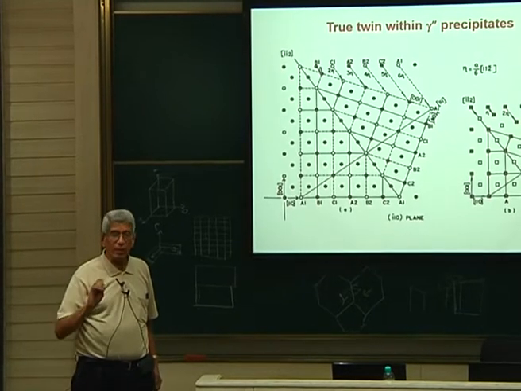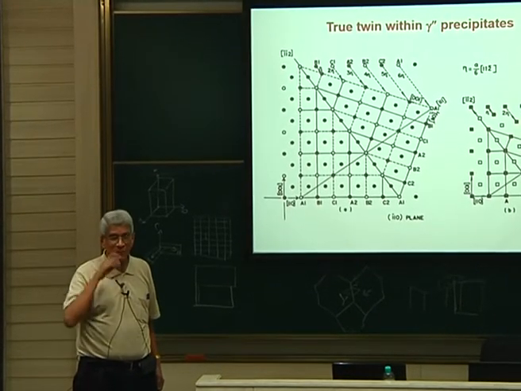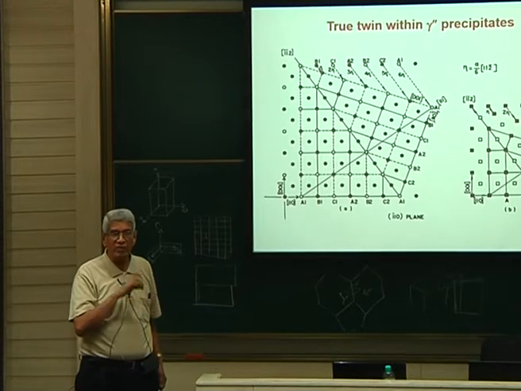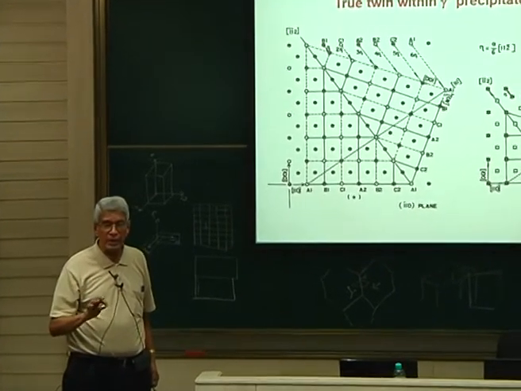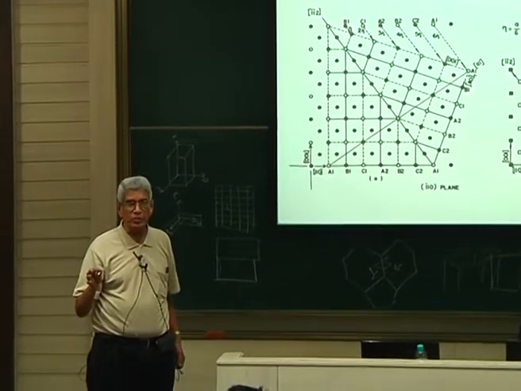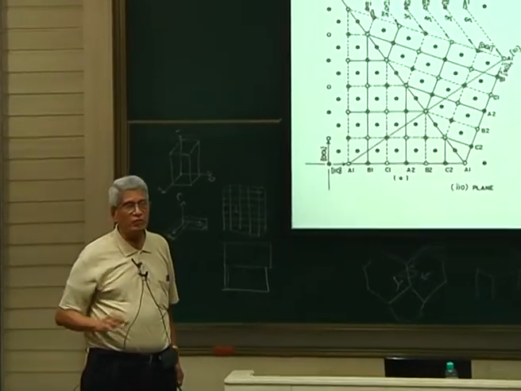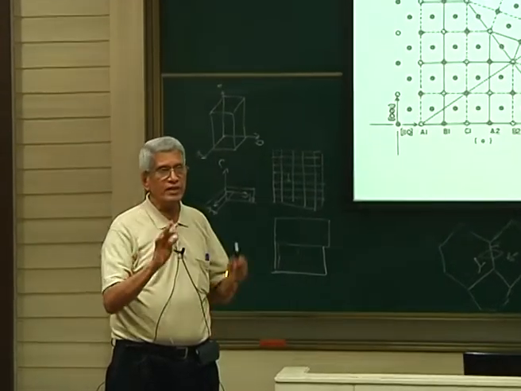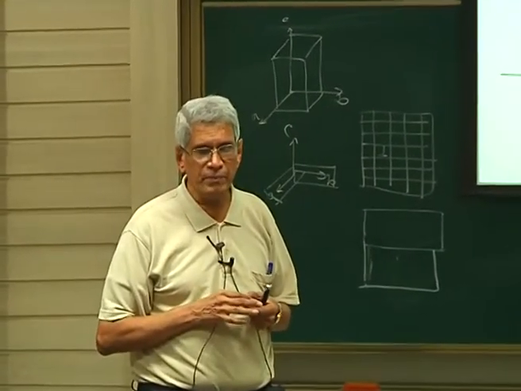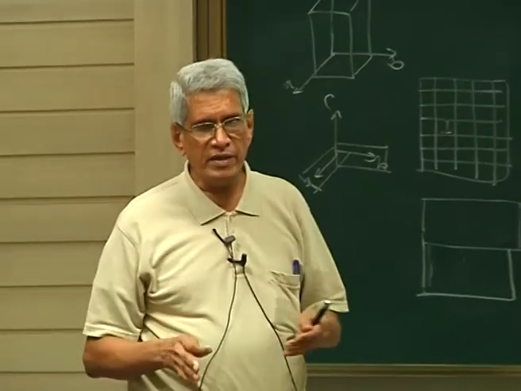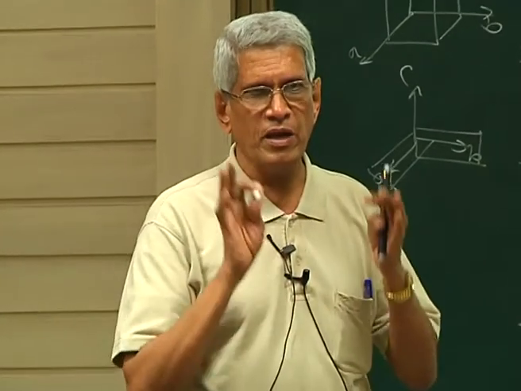What happens is, in an ordered lattice, a stacking fault can happen, or it can happen by antiphase boundaries. What is essentially an antiphase boundary? If you take a disordered lattice, it has maximum symmetry, correct? When it orders, the symmetry of the lattice comes down.